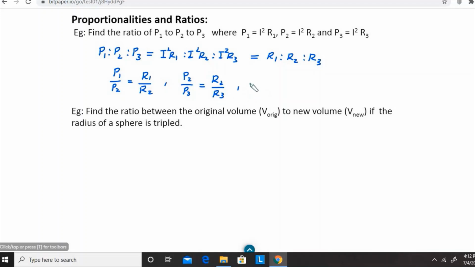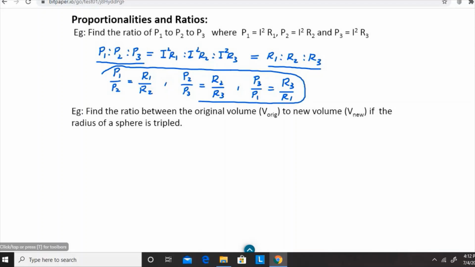And if I want to, I can write the other one as well: P3 over P1 is equal to R3 over R1. So it's the same way. This representation over here is identical to this representation. It gives you the same mathematical idea.